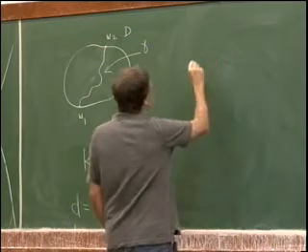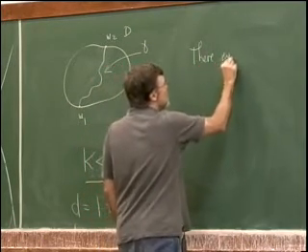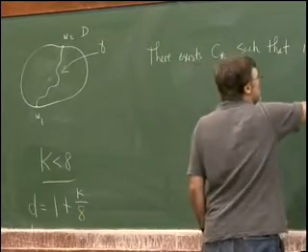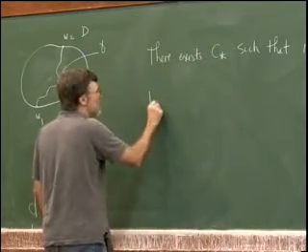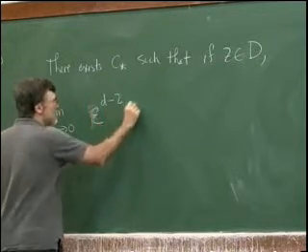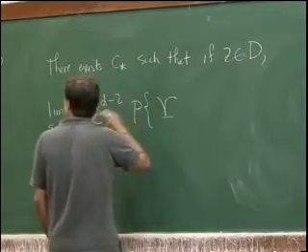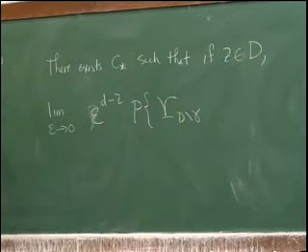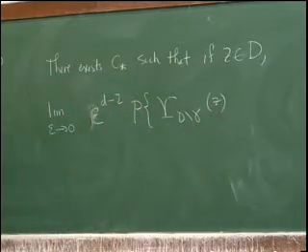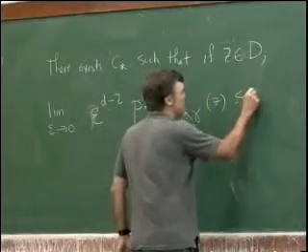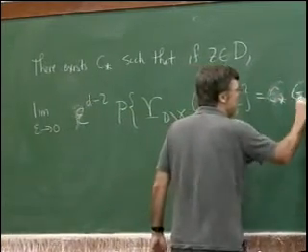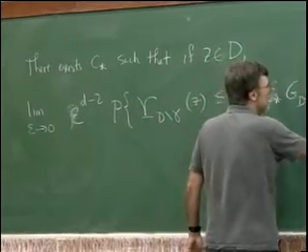I'll just summarize it: there exists a constant such that if z is in D, then the limit as epsilon goes to 0 of epsilon to the d minus 2 times the probability that the conformal distance of z in the domain minus the curve is less than or equal to epsilon equals this constant, we actually know what the constant is, but that's not important for us today, times a function which you can determine.